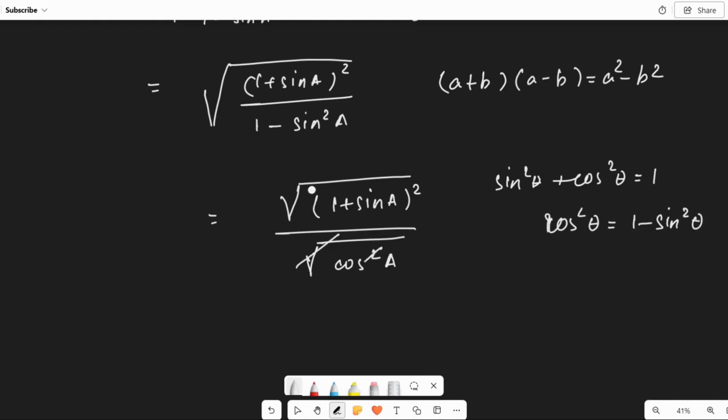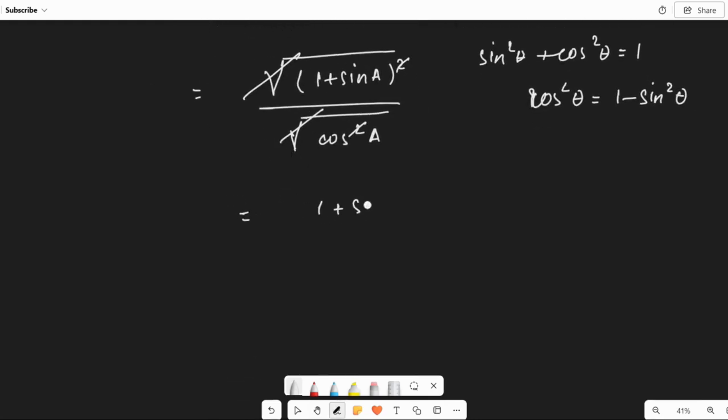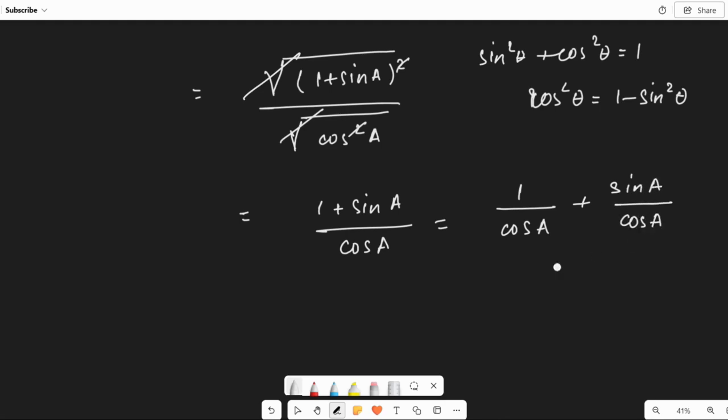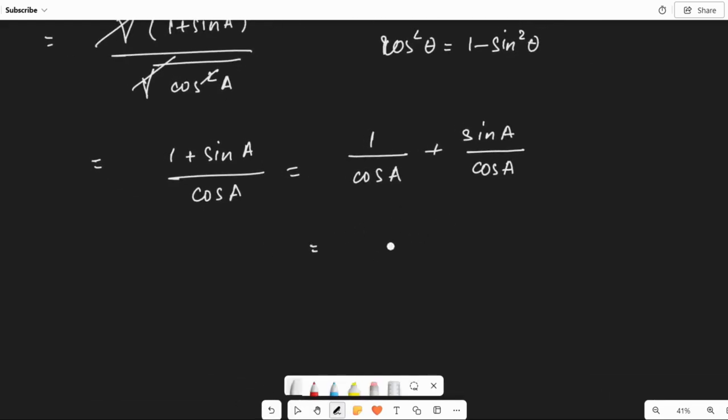And now the root and square get cancelled from both, so this becomes (1 + sin A)/cos A, which can be further written as 1/cos A + sin A/cos A. Now as we know that cos is the inverse of the secant function, 1/cos A becomes sec A, plus sin A/cos A is nothing but tan A, and this is the required RHS.